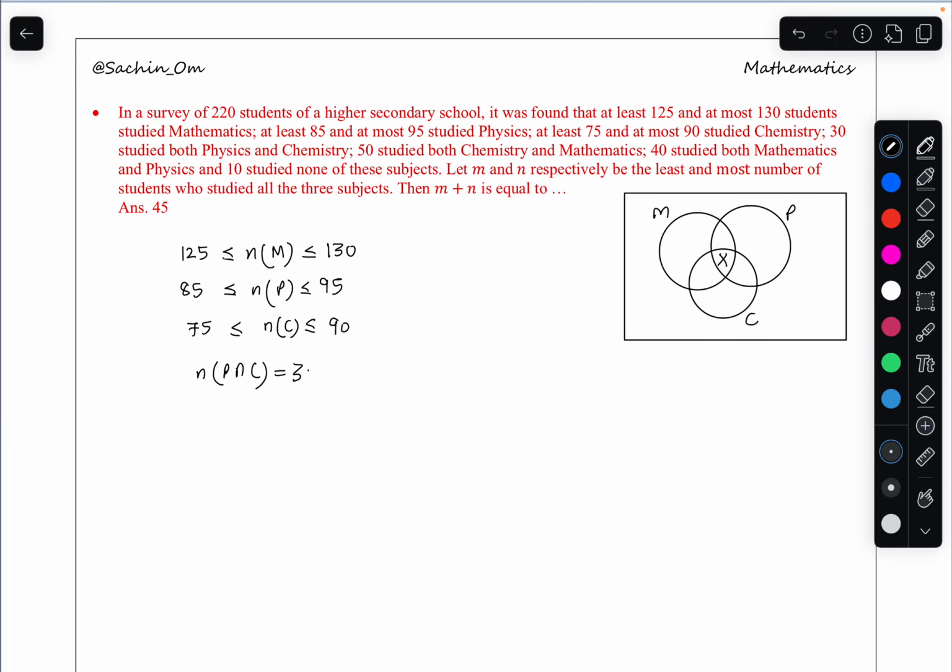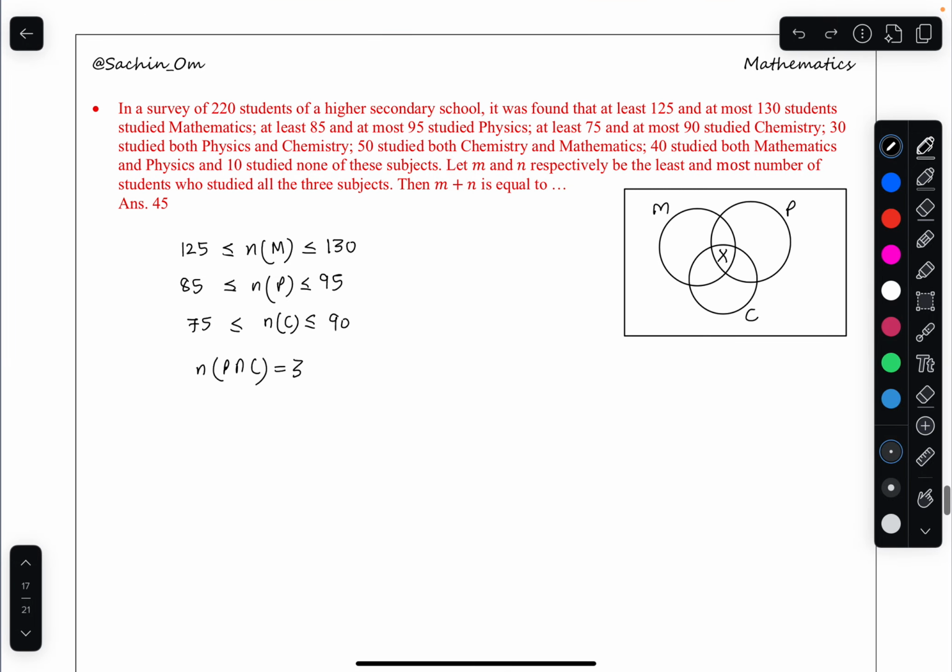There are 30 people who study physics and chemistry, 50 people who study maths and chemistry, 40 who study maths and physics, and none of the three subjects, 10 people are there.